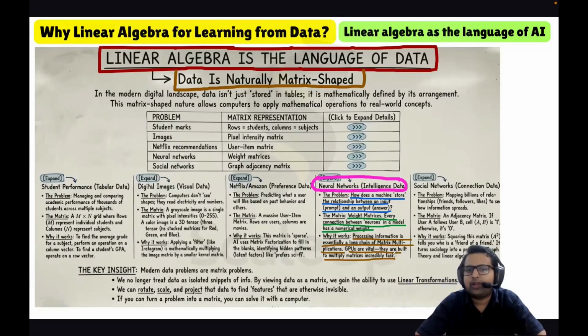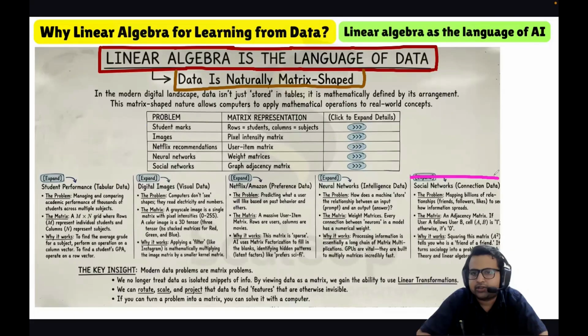In deep neural networks, the weight matrix can be very big, but with a GPU we can carry out billions of simultaneous operations. And this is where linear algebra plays its role in neural networks.